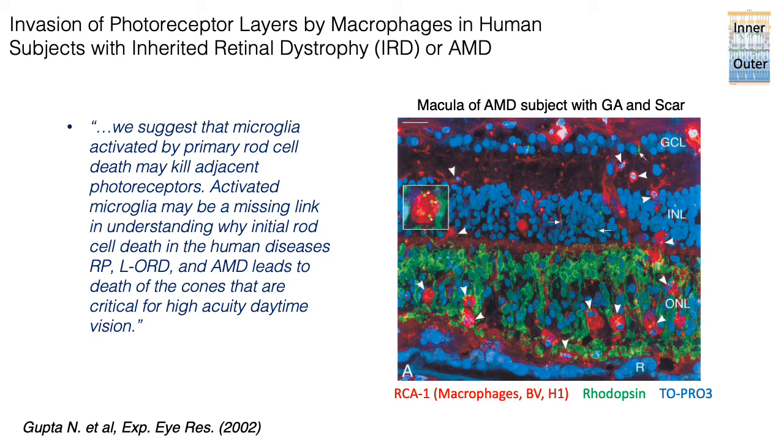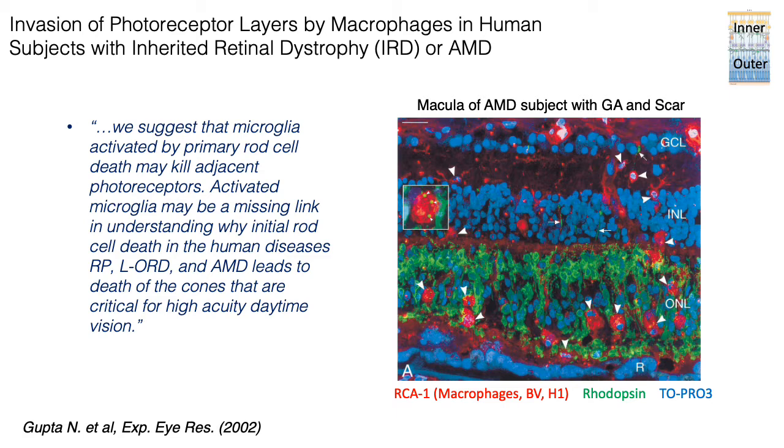The staining is here done with RCA, which is a plant lectin that binds oligosaccharides expressed on macrophages and microglia, as well as endothelial cells and to some extent horizontal cells.